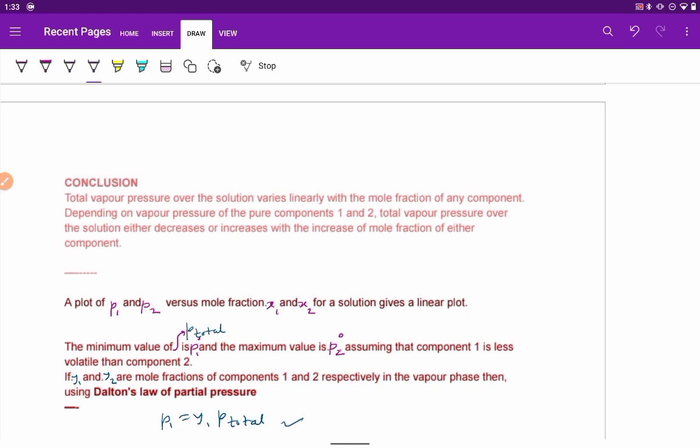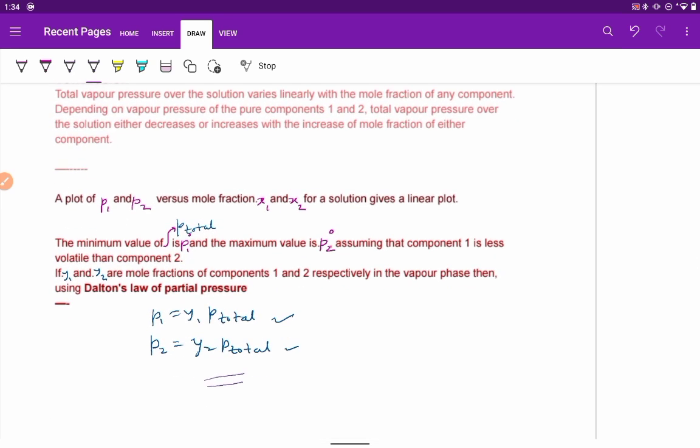If we plot P1 and P2 versus the mole fractions X1 and X2 for a solution, we get a linear plot. And we see that the minimum value of P total is P1 naught and maximum value is P2 naught, when we assume that component 1 is less volatile than component 2. Component 1 is less volatile, so minimum value is P1 naught.